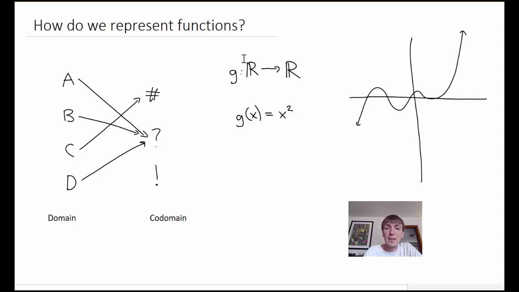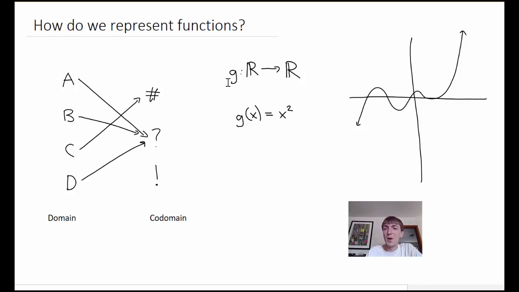Okay, so this letter here, which you may or may not have seen before, is a kind of funny capital R. And that funny capital R is a shorthand way of writing the set of real numbers. Okay, so in this example, the set of real numbers is the domain, and it's also the codomain. And this arrow is just here to tell us that it's going from R to R, and we often call the set of real numbers just R.